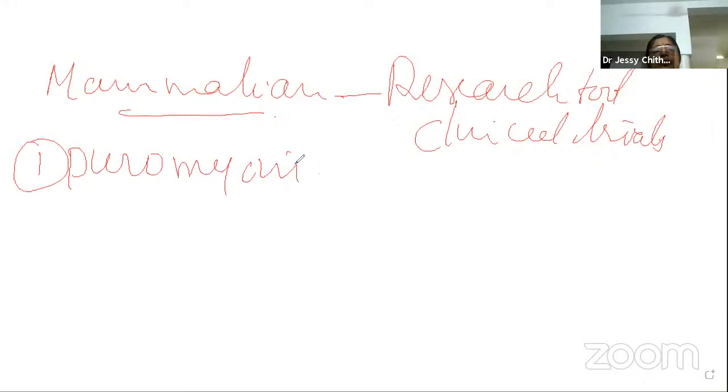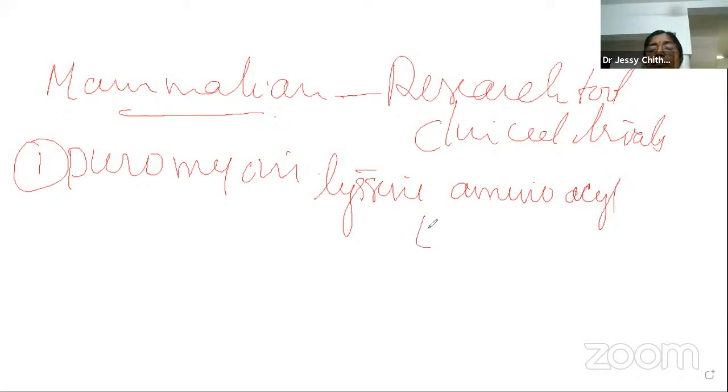Puromycin has structural similarity to tyrosyl aminoacyl tRNA. So instead of tyrosine entering the A site, puromycin will enter and inhibit protein synthesis. Puromycin can act on both eukaryotes and prokaryotes. Understand? So that is puromycin.